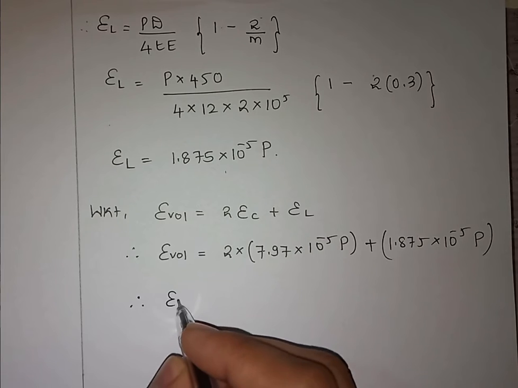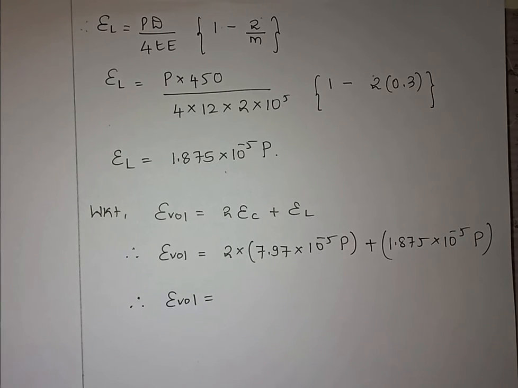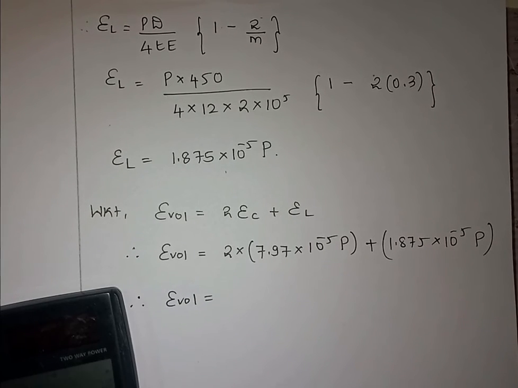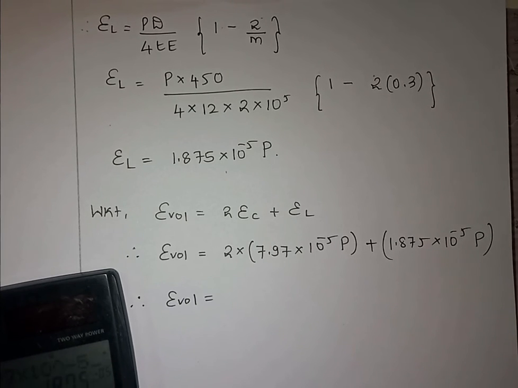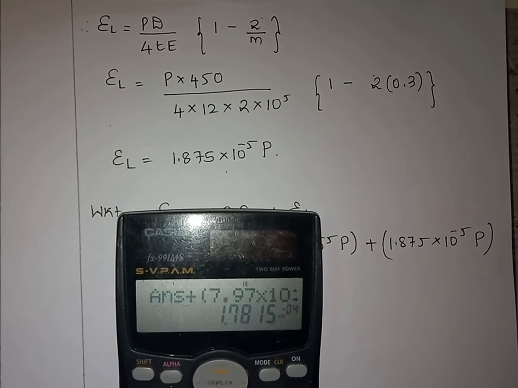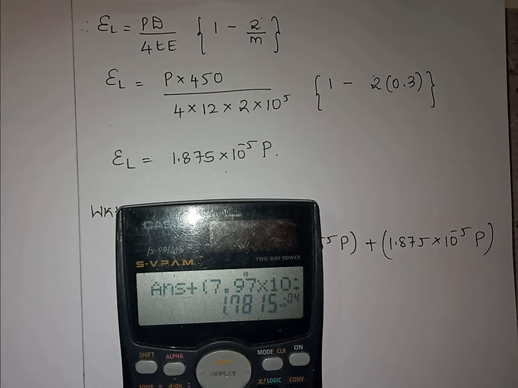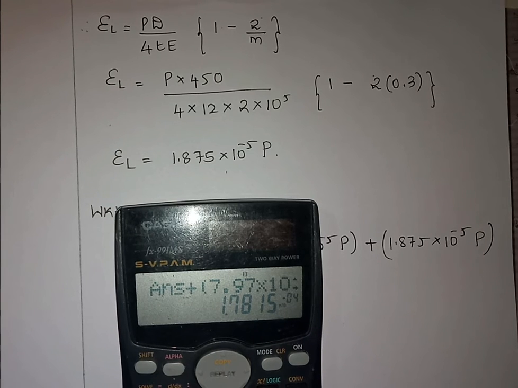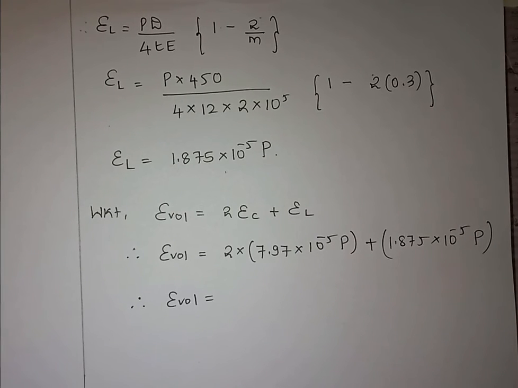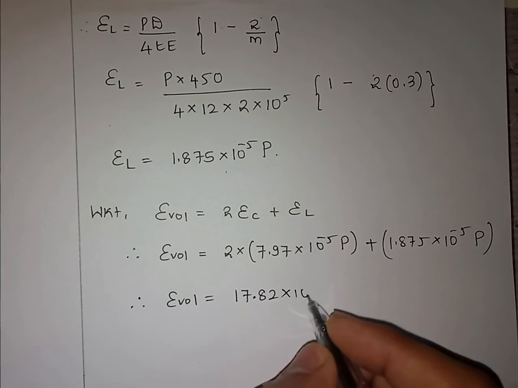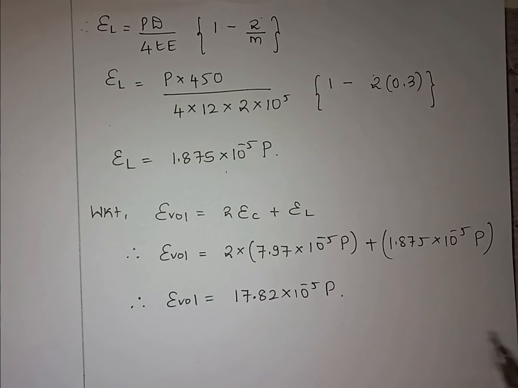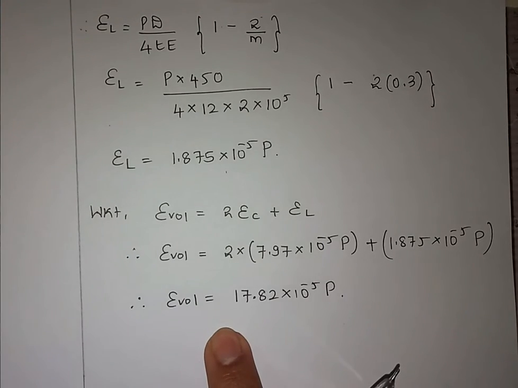If you simplify this, I'll be getting the volumetric strain in terms of pressure. 7.97 into 10 raised to minus 5 into 2, I'm getting 1.7815 into 10 raised to minus 4. So I can write it as 17.82 into 10 raised to minus 5 P. So you got volumetric strain in terms of pressure.